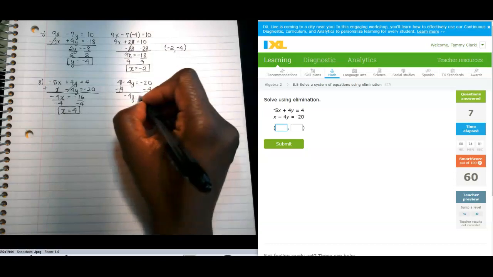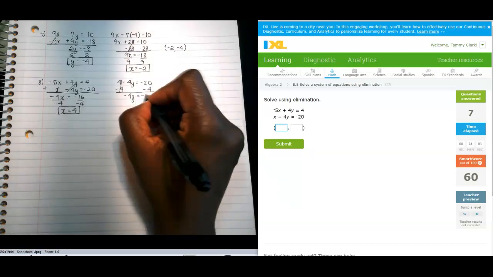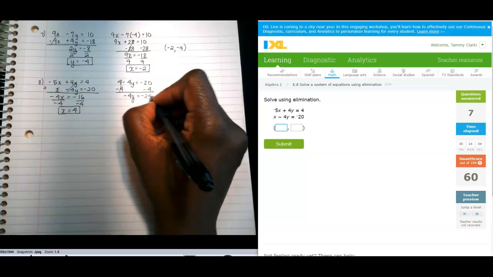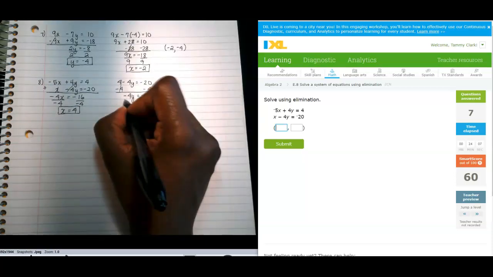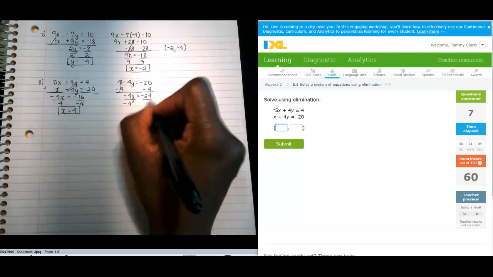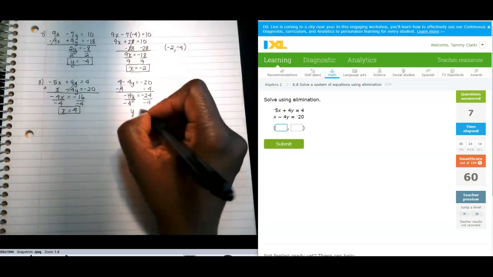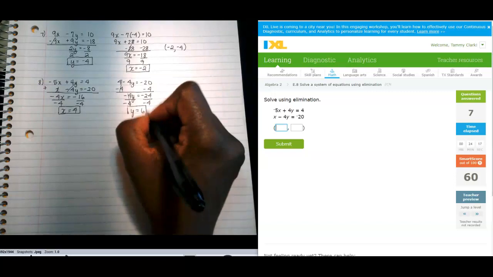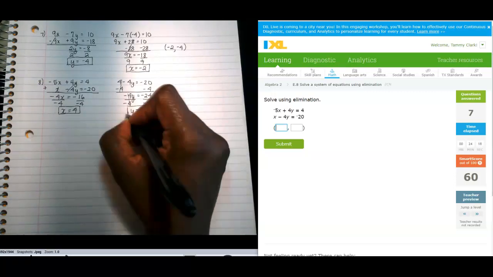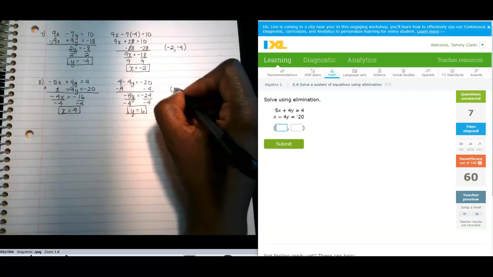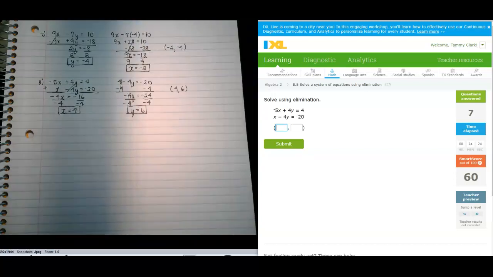So we've got -4y is equal to -24. I just added those together because the signs were the same. And we're going to divide by -4 on both sides of the equation. That leaves me y is equal to +6. Therefore, our solution would be 4, 6.